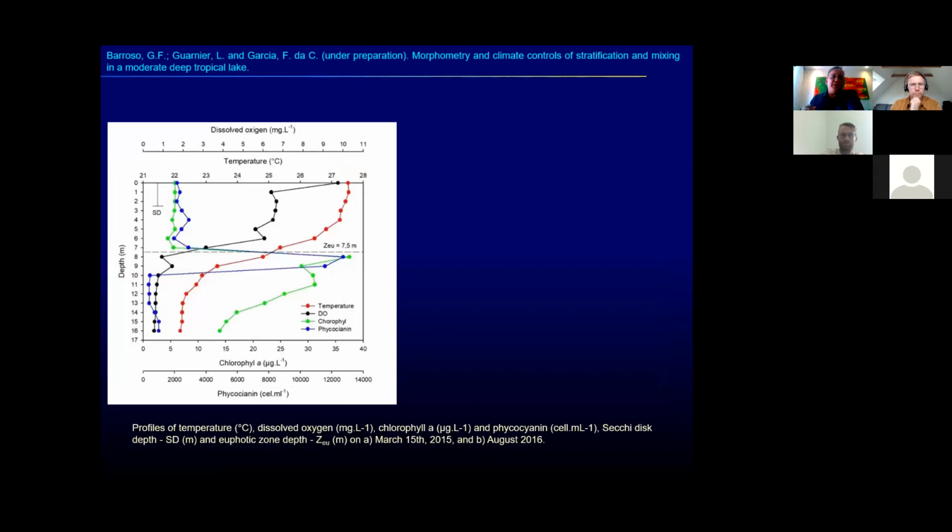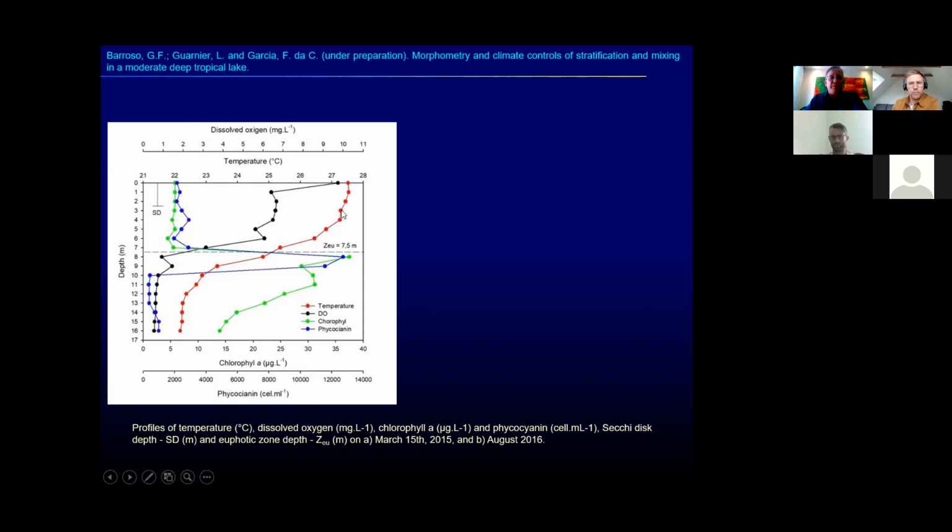So just to have an idea about the behavior of other parameters along the water column, for instance, this is a typical profiling of temperature, dissolved oxygen, and chlorophyll and phycocyanin for a stratified summer, like March 2015. So we have the aphotic zone at about 7.5 meters. The Secchi disk reading is about 2.5 meters, and decreasing temperature all the way to the bottom.